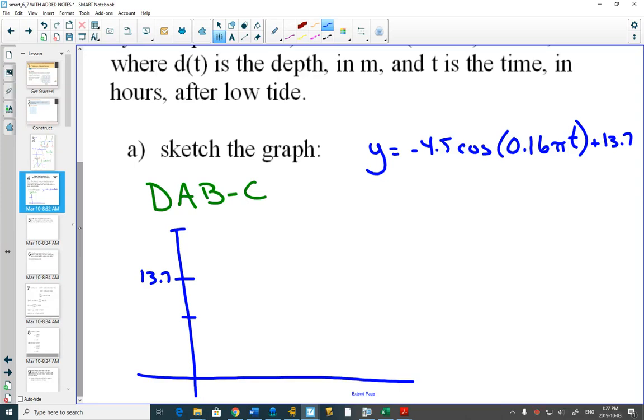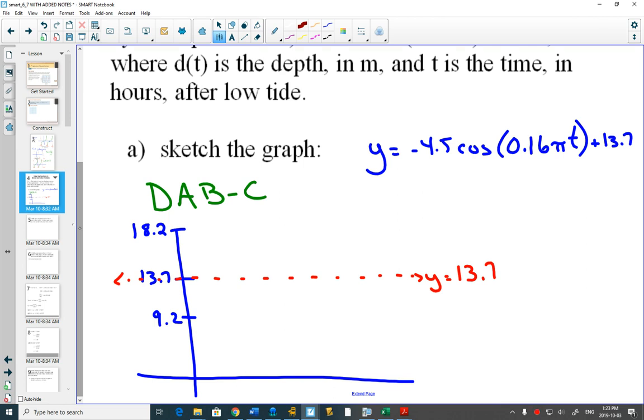So I'm going to estimate, looking at my scale, about what 4.5 would be. If I go up 4.5, I'm going to go up to 18.2. Down 4.5 is going to give me 9.2. So my center line, I can draw it in there, is going to be at y equals 13.7.